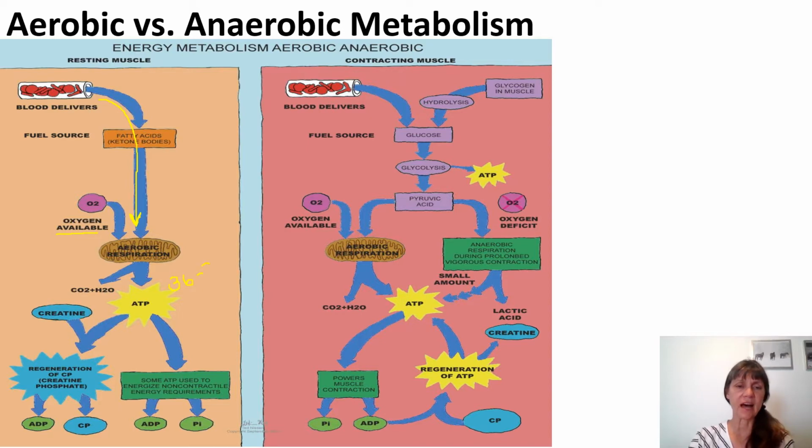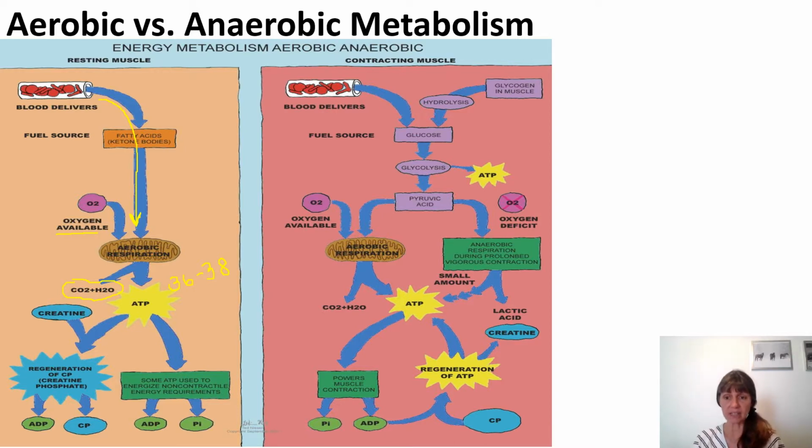We get a lot of adenosine triphosphate when we use the mitochondria and oxygen to produce it. We get 36 to 38 molecules of adenosine triphosphate with the process of aerobic respiration.